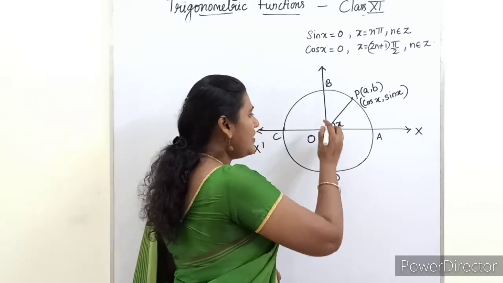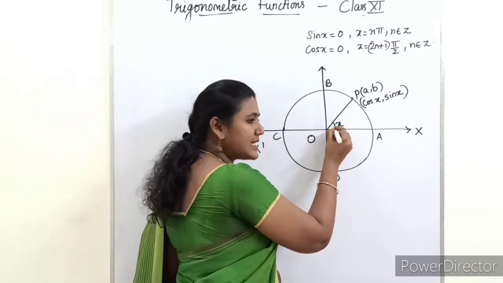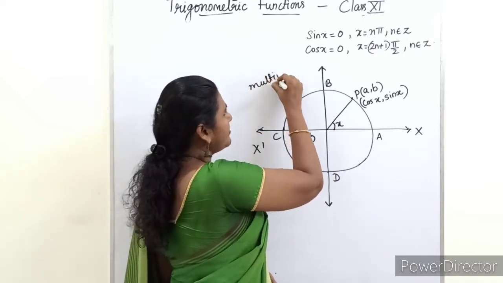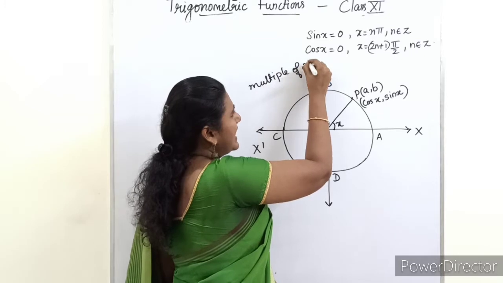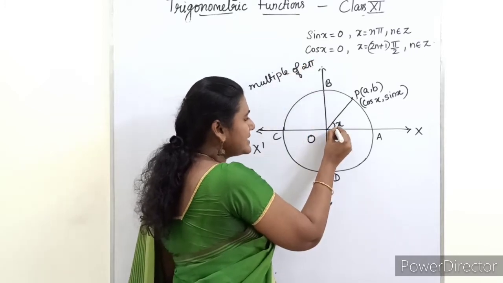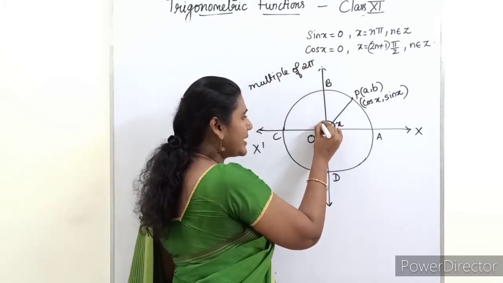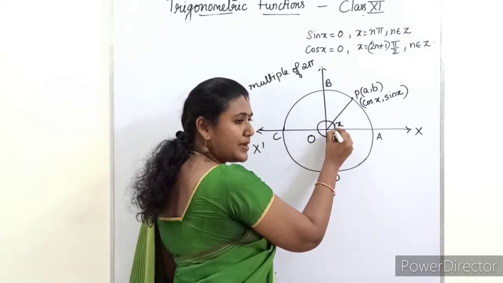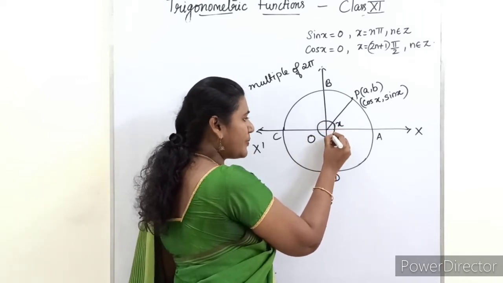Now suppose this angle x increases by a multiple of 2 pi, that is, if it reaches here, it will complete one full revolution, that is 2 pi.